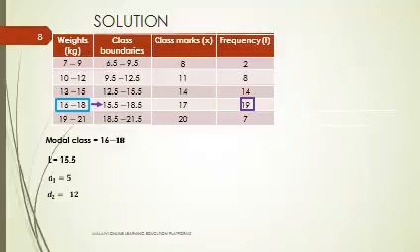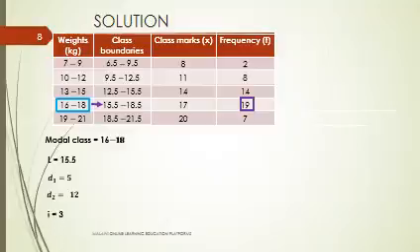So D1 is 5. To calculate D2, you subtract the frequency after the highest frequency from the highest frequency. The highest frequency here is 19, and the frequency after 19 is 7. So 19 minus 7, you get 12.